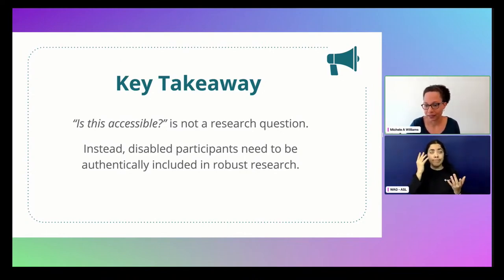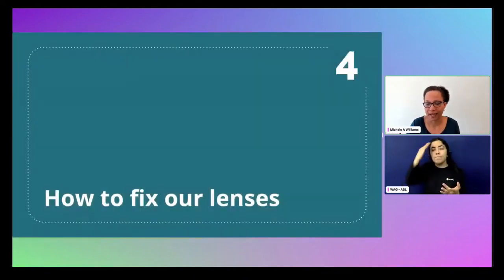So given this, the last section is how to fix our lenses if we're going to embark on this research. As mentioned, I didn't want to spend too much time on adapting methods or giving feedback on how to go about doing a diary study or a contextual inquiry, because I think another section that we don't think about as much when we're talking about research is the viewpoint of the researcher.